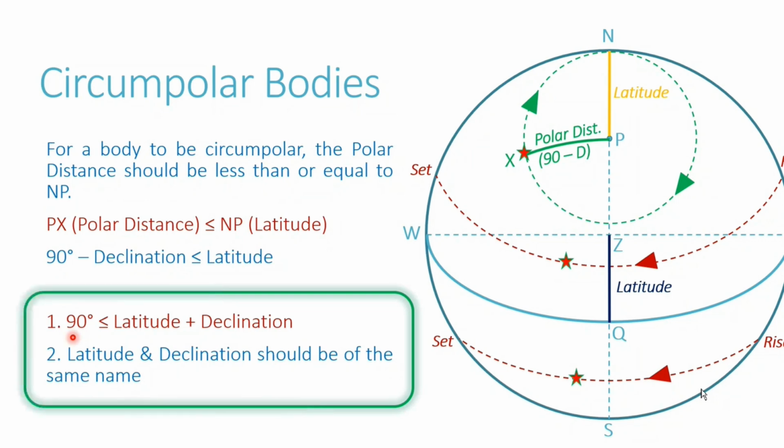So these are the two conditions which need to be met for a body to become circumpolar: latitude and declination same names, and latitude plus declination greater than or equal to 90 degrees. So remember these two conditions for a body to become circumpolar.